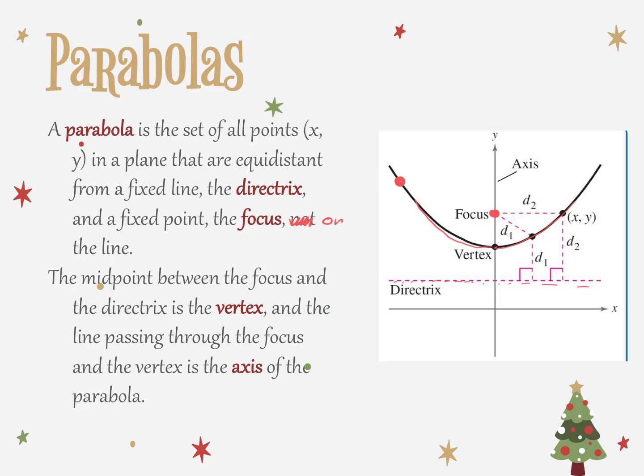If I connect that point to the directrix with a little right angle, that is the same distance as that point to the focus. If I connect that point to the focus, that's the exact same length. If you do this forever and ever, you'll get this exact same thing happening.